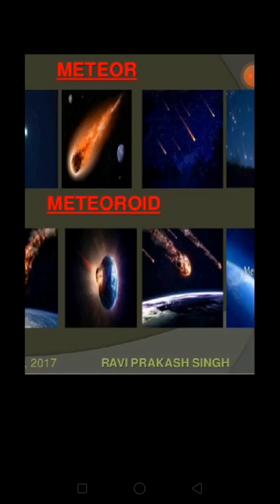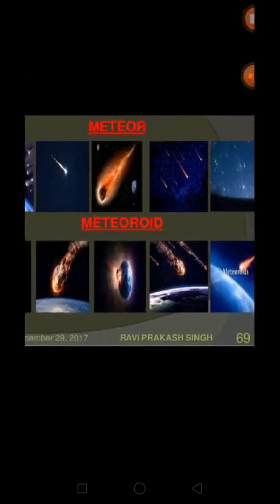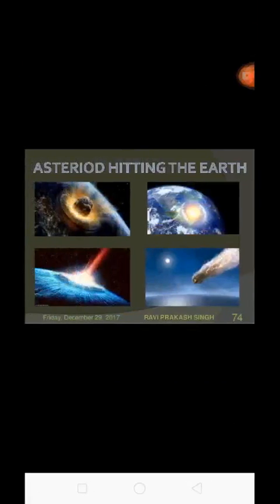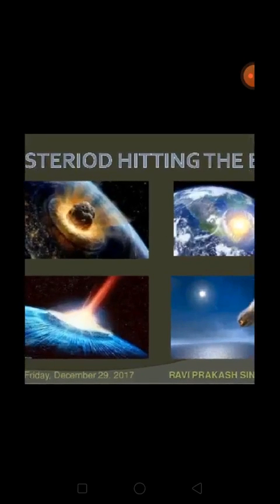Most of the meteors get vanished before they hit the earth's surface. Some of them are able to hit the earth's surface by colliding with it, but not all of them are able to do it. So when these small particles falling from the sky get completely evaporated, they are known as meteors.